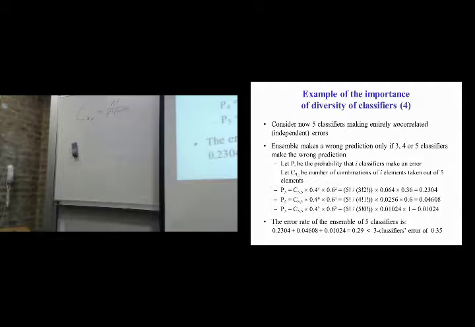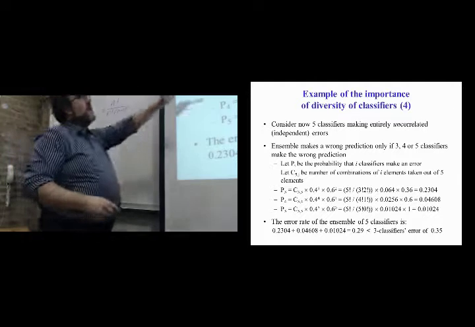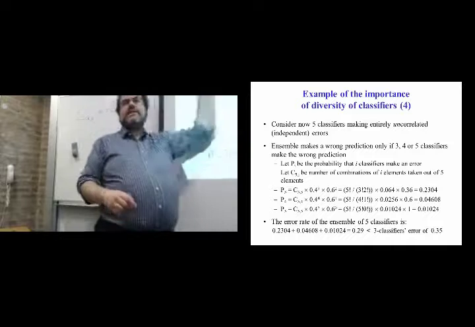And so we can do something similar for this larger ensemble now. We can do 5 classifiers together. So the ensemble makes a wrong prediction if 3, 4 or 5 classifiers make the wrong prediction, yeah? So why is that? Well, that's to do with the voting process, yeah?